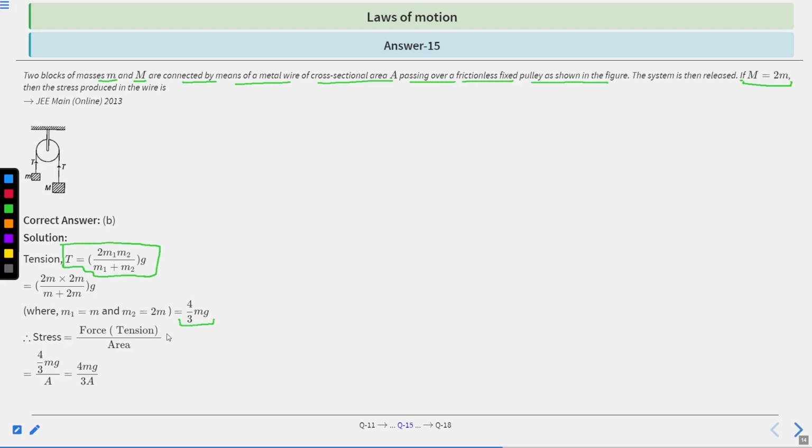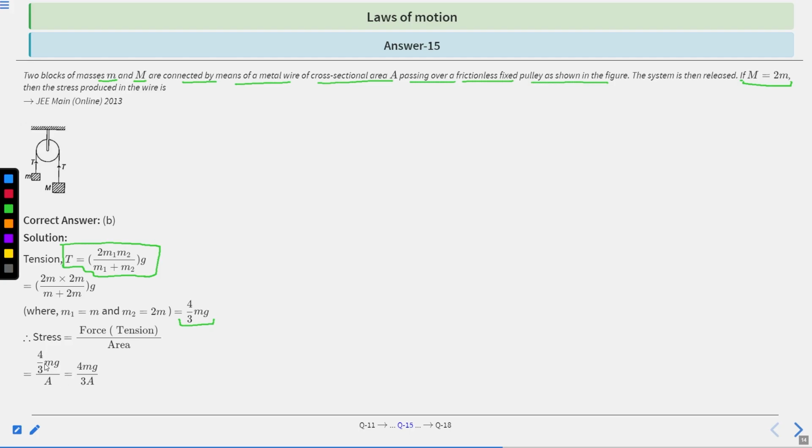Clear? We know the formula of stress is force upon area. Here in this question, the force is given in the form of tension. So stress is tension upon area. Putting the terms in this formula, 4 by 3 mg divided by area.